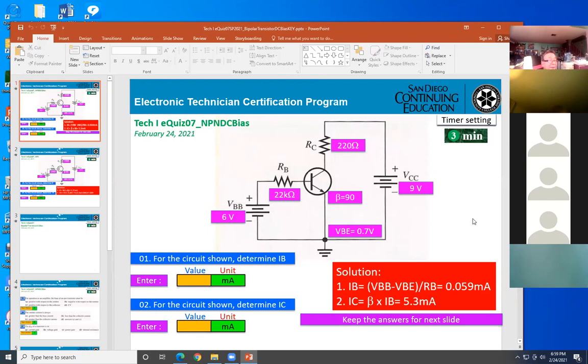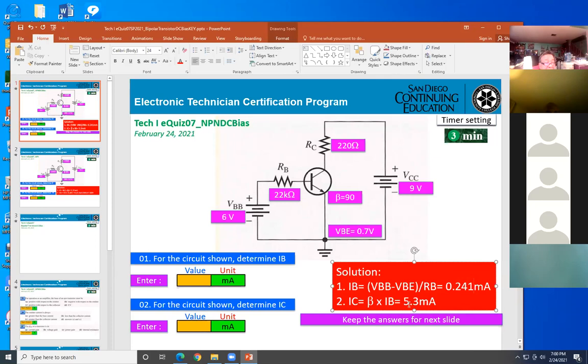Okay, VBB 6 volt minus 0.7, you get 5.3, right? Yes. 5.3 divided by 22K, 0.241. I did it wrong.